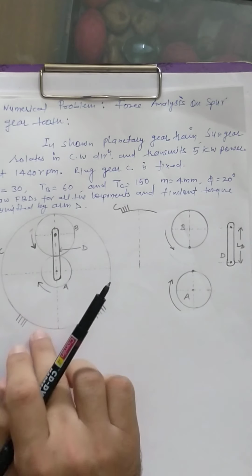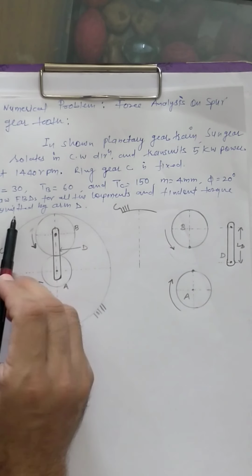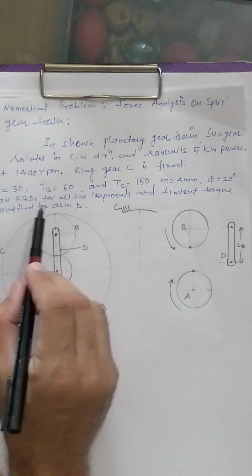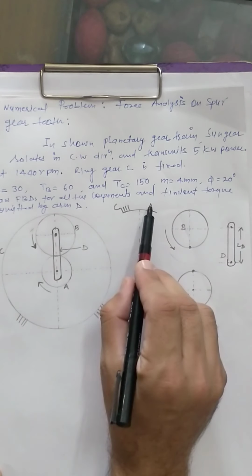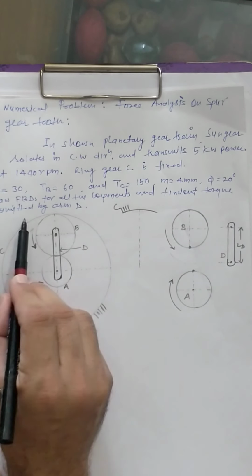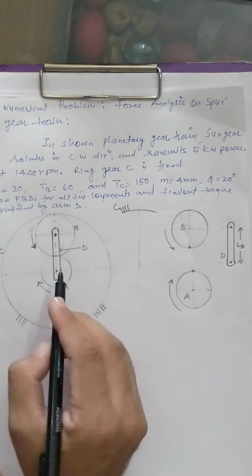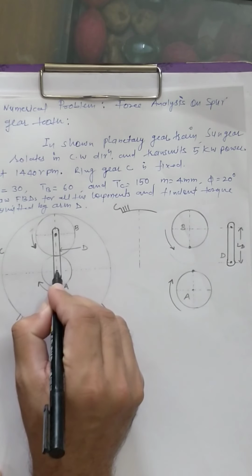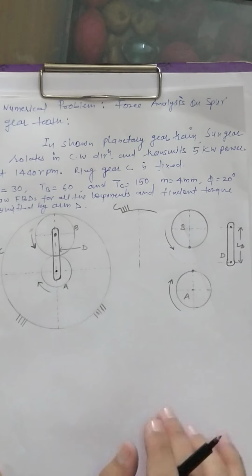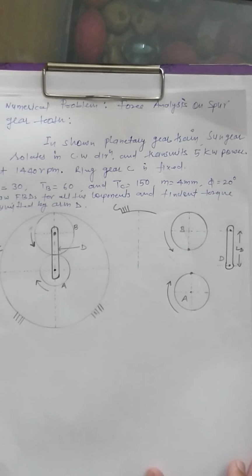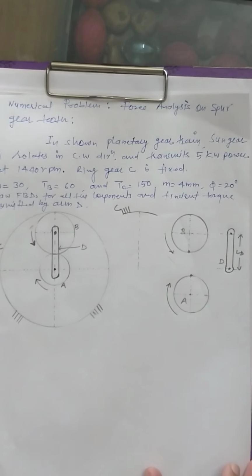So now we need to draw the free body diagrams for all the components and find out the torque transmitted by arm D to its shaft, right? So first of all we are going to draw the free body diagram for all the components.